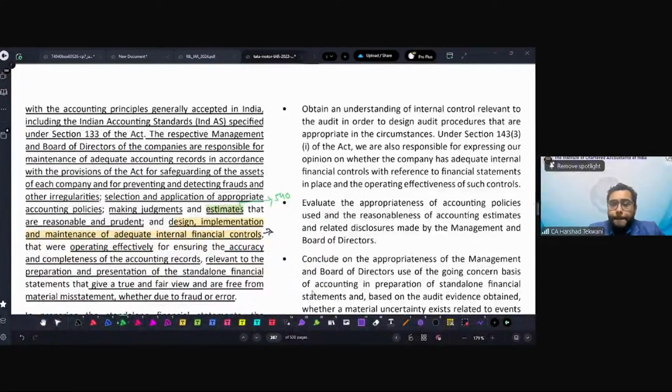SA 315. Operating effectiveness of those internal controls, we discussed that in your SA 330 when we are designing the response to the assessed risk.